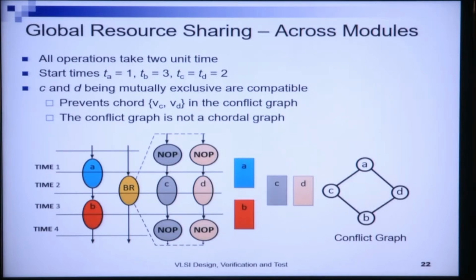Why are they not compatible? Because they overlap in time. Again, B and C are not compatible because they overlap in time. B and D also are non-compatible because they overlap in time. And hence, this conflict graph again becomes a non-chordal graph just by the introduction of a simple branch.